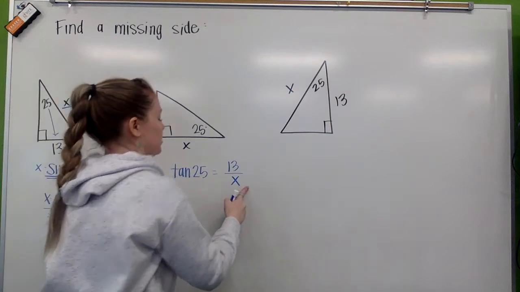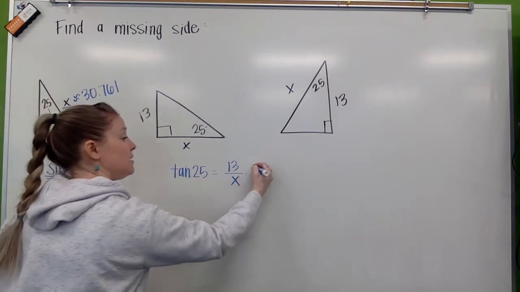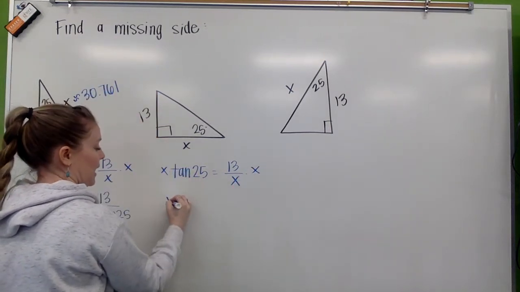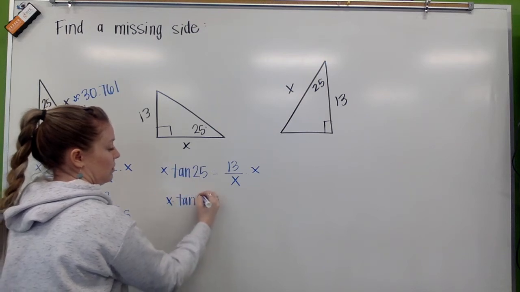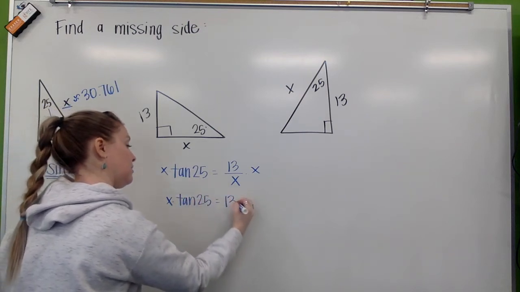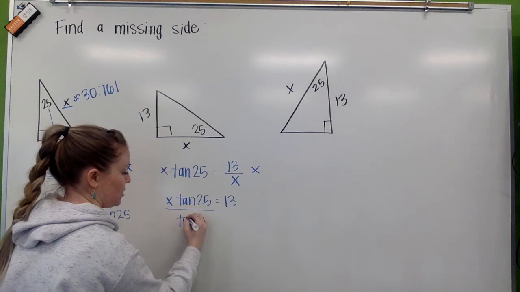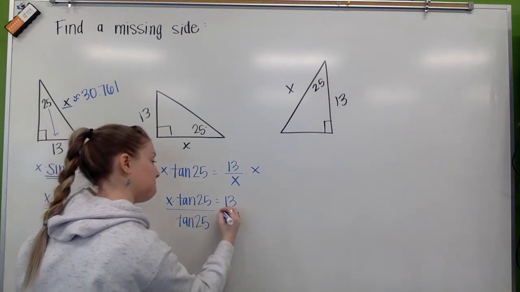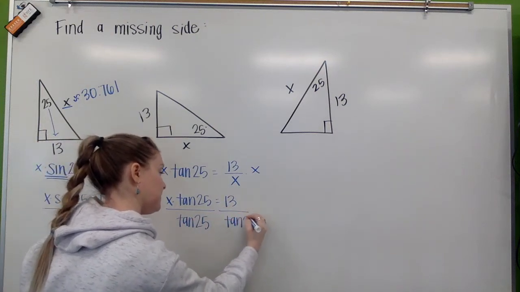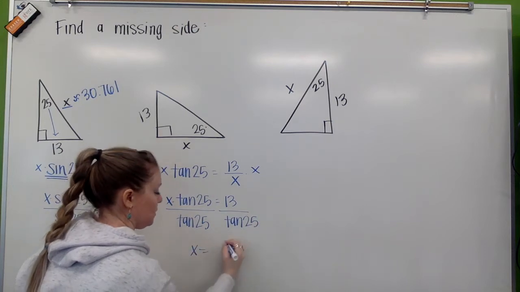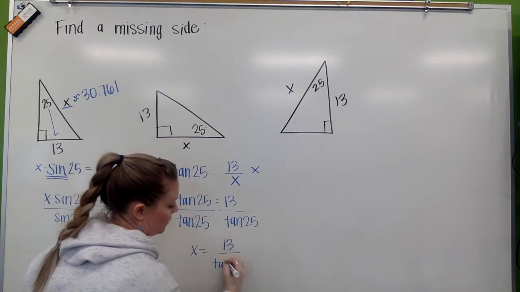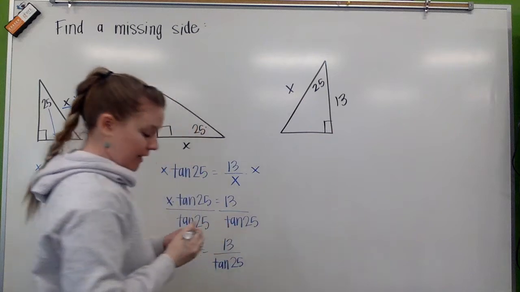So what I'm going to do here, same idea. I'm going to multiply both sides by x. And then I'm going to divide by the tangent of 25. So x equals 13 over the tangent of 25 degrees.